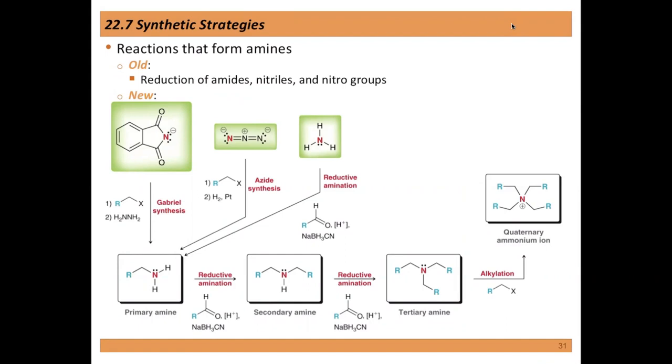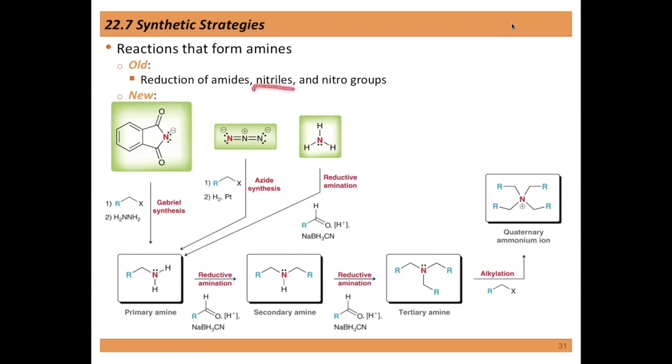And this is just a review of what we talked about in the previous lecture. We have the old ways of making amines. That's the reduction of amides. Talked about that in the carboxylic acid chapter. You use lithium aluminum hydride to reduce down amides.